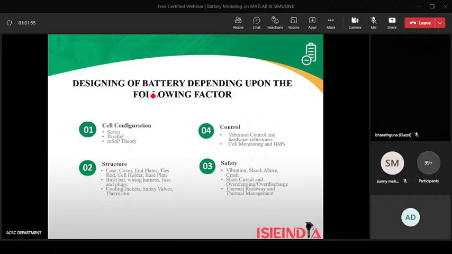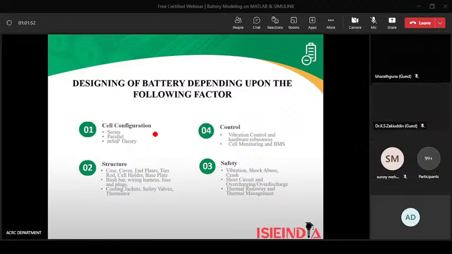Designing of the battery pack depends upon the following factors. The first one is the cell configuration, in which I told you about series and parallel combination.